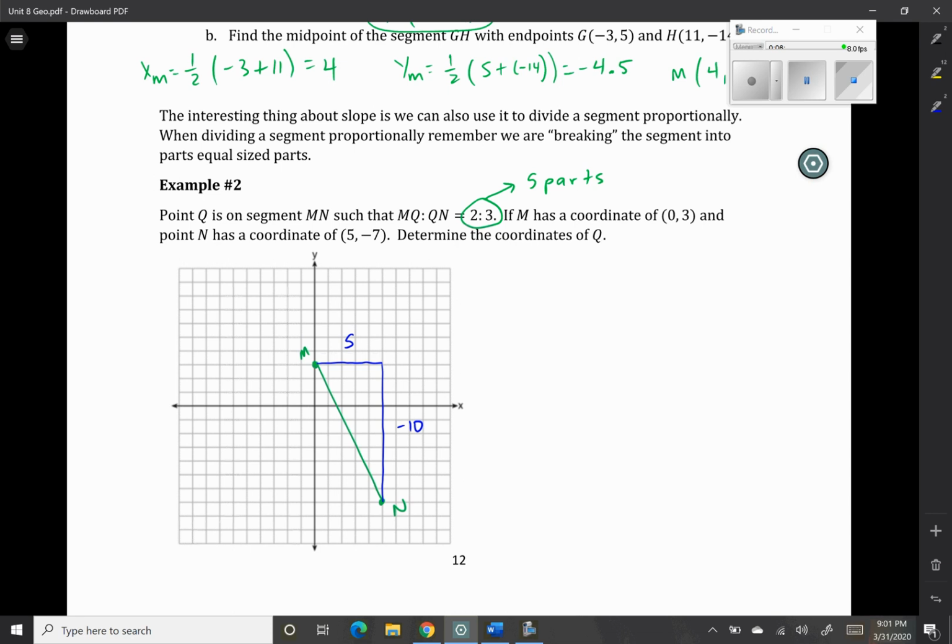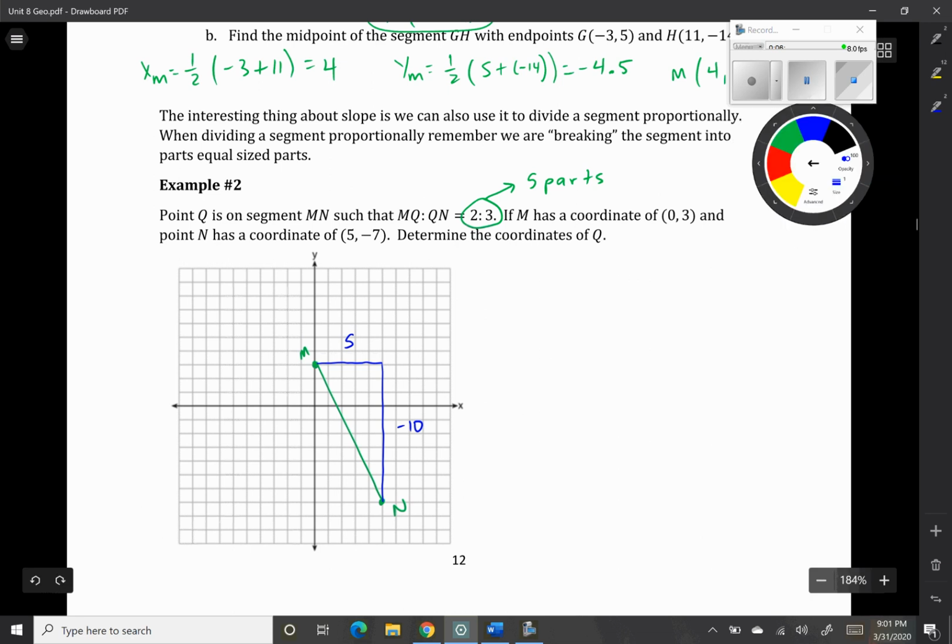So if I want to break this up into 5 pieces, I want to go to the right 1, down 2. If I go to the right 1, down 2, to the right 1, down 2, to the right 1, down 2, and to the right 1, down 2.